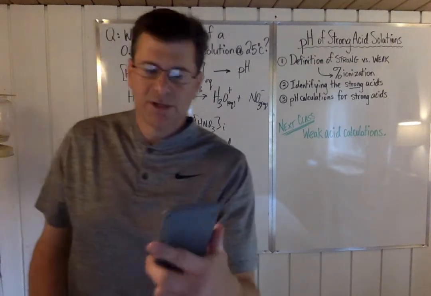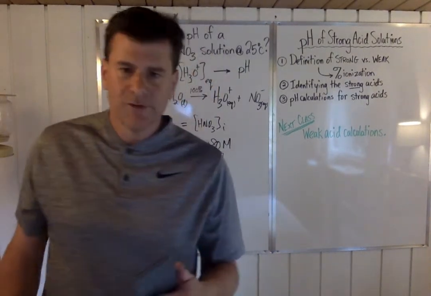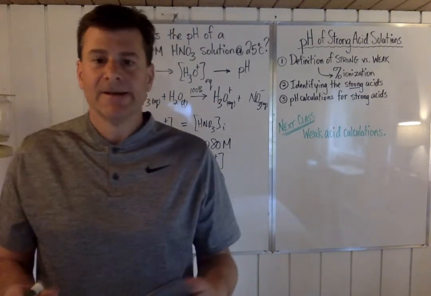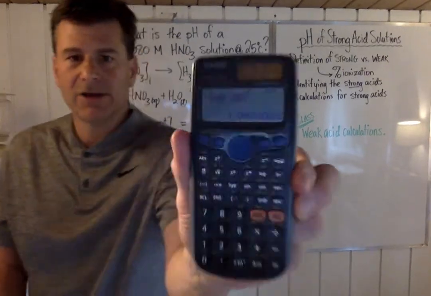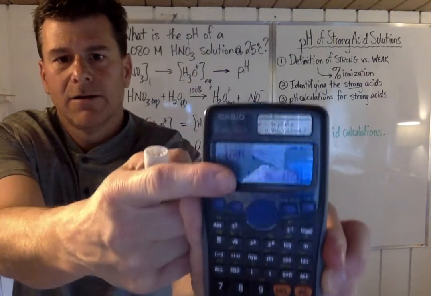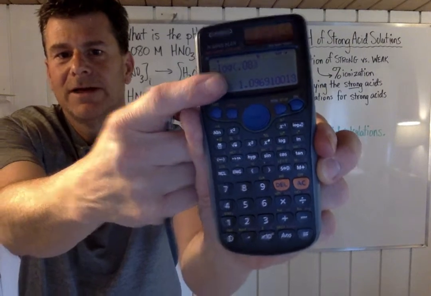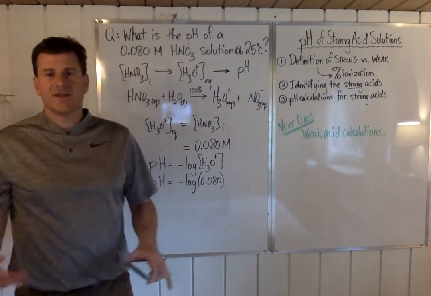Now, I'm going to stop and think about sig figs here. For those of you who are just jumping in right here and didn't look at the last one about sig figs, the sig fig rule for a pH is what I have sitting on my calculator. This answer right there is a pH. This value right here is the concentration.